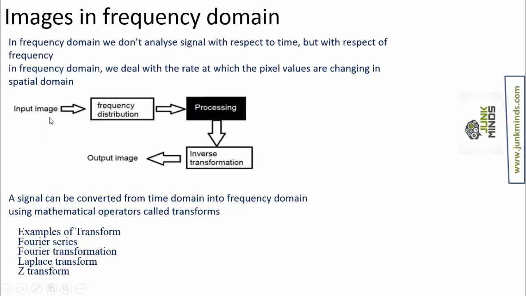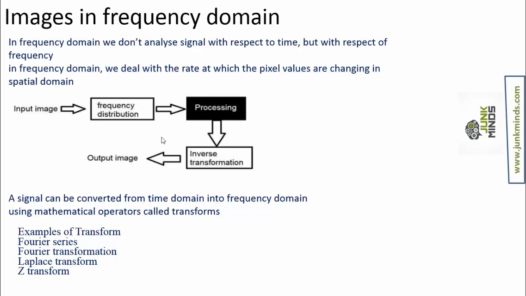The input image goes to the frequency distribution, then is processed, inverse transformation, and output image. So these two things over here are extra. Okay, so this is what is used to convert spatial images into frequency domains.